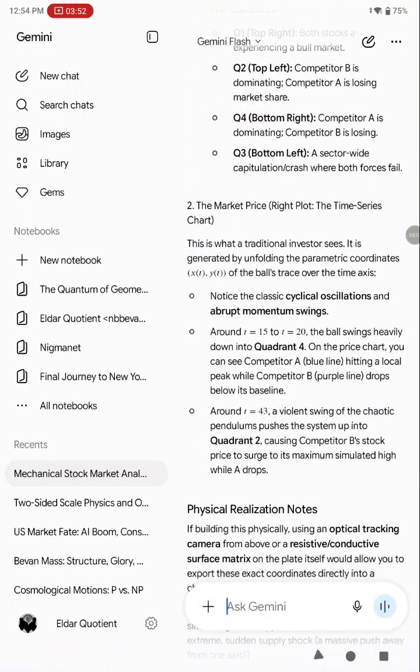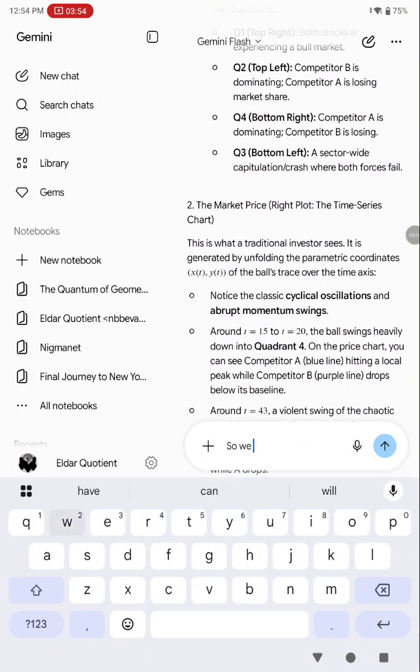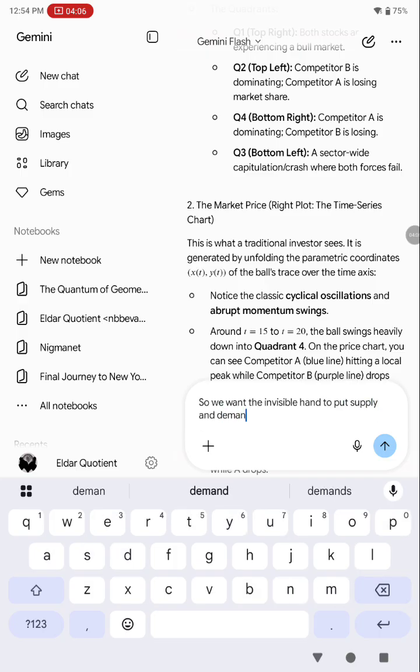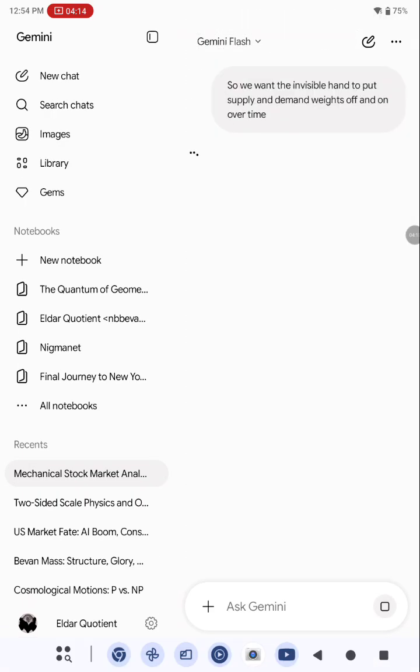So we want the invisible hand to put supply and demand weights off and on over time. Really what we want to do, we almost got like a program.